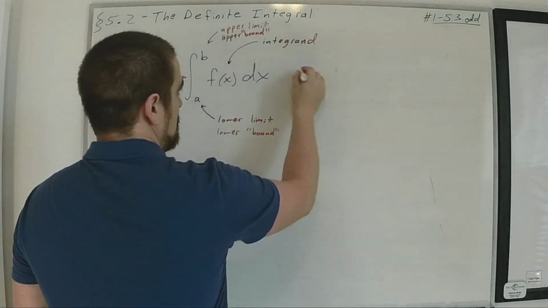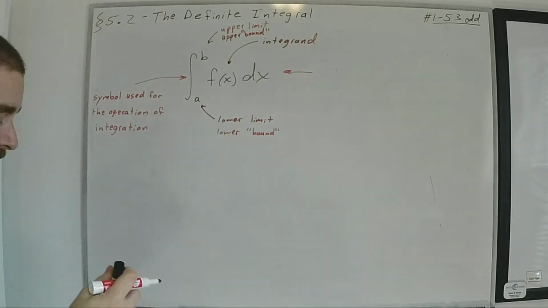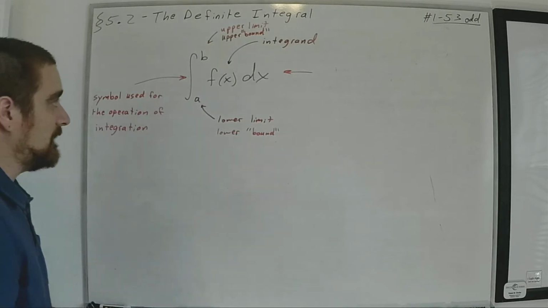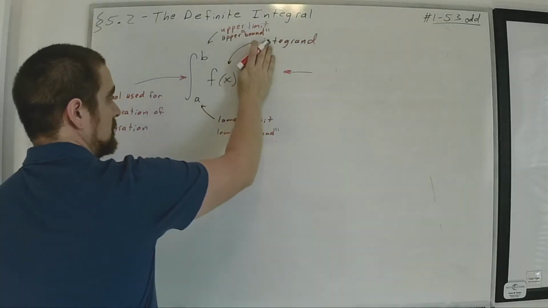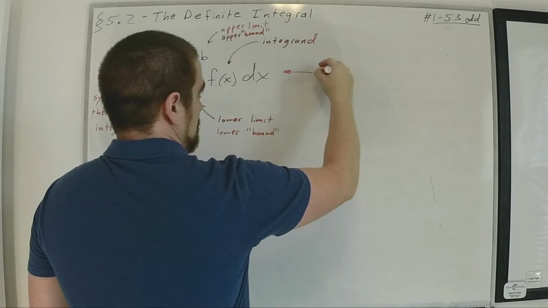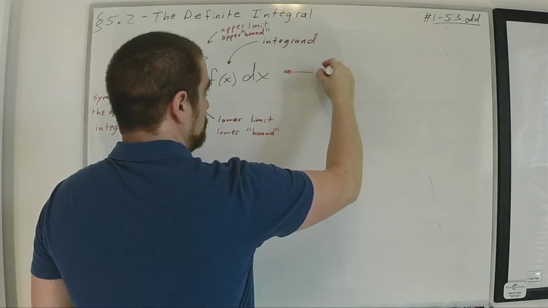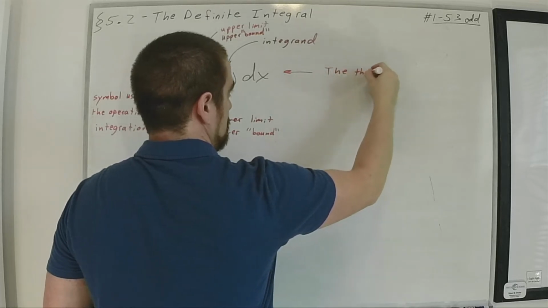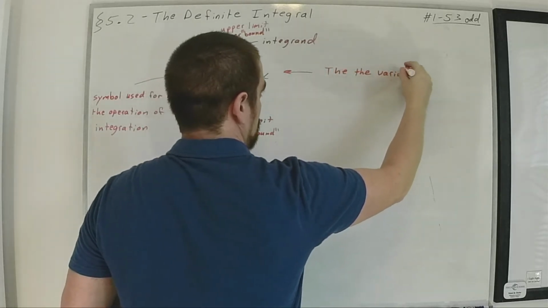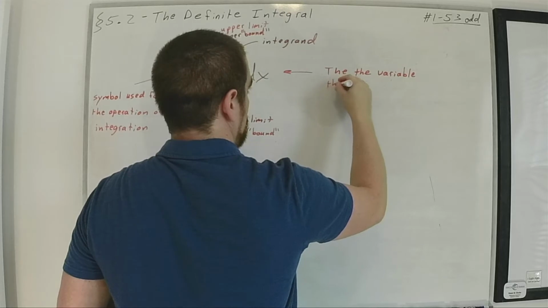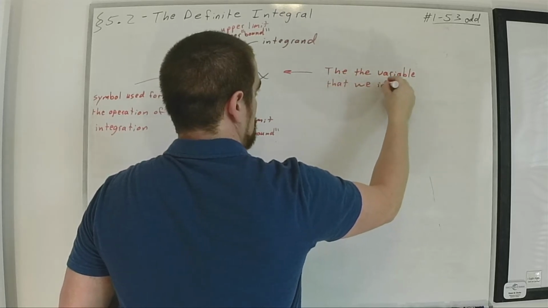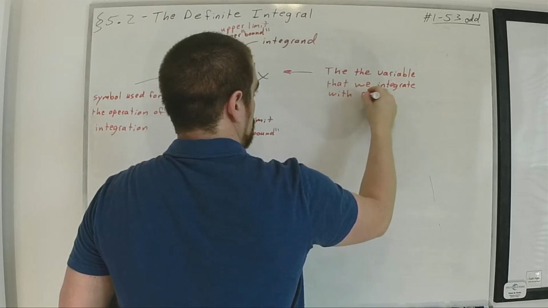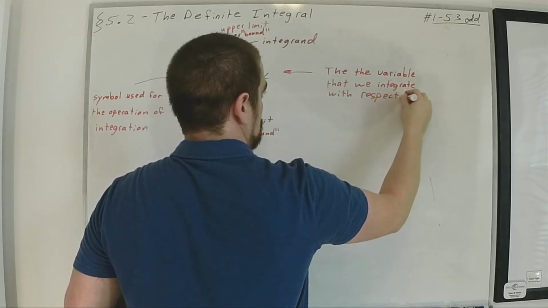Right now, this dx doesn't really have much meaning for us, but it does have meaning. We do have to put it there. Without it there, this is very meaningless. That dx is just telling you what variable we integrate with respect to.